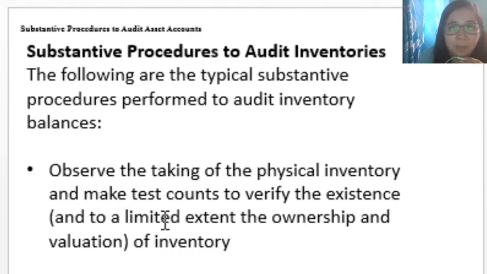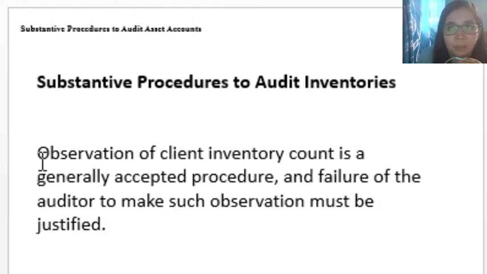Aside from that, in the physical inventory counting, the auditor can also determine the ownership of the entity over those inventory in their warehouse, even those inventory that is in transit or out for consignment. Okay. Because all of this can affect the valuation of our inventory account. So the observation of the inventory count is a generally accepted procedure.